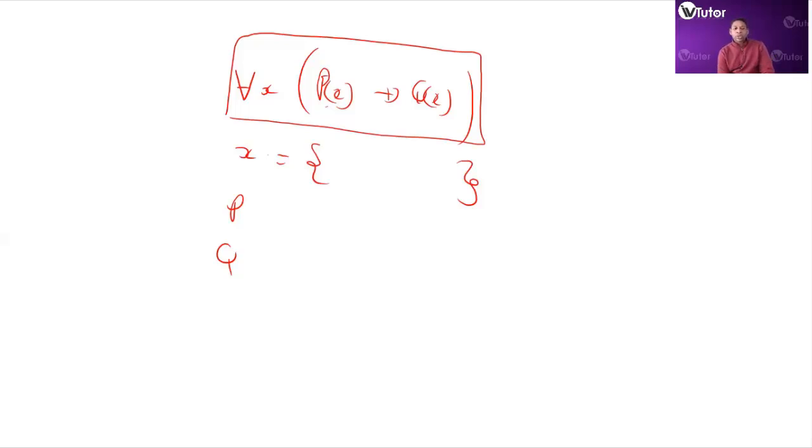So a model consists of a universal set, then relations within the universal set. So now we ask, what are we talking about? And what are the relations that we have?